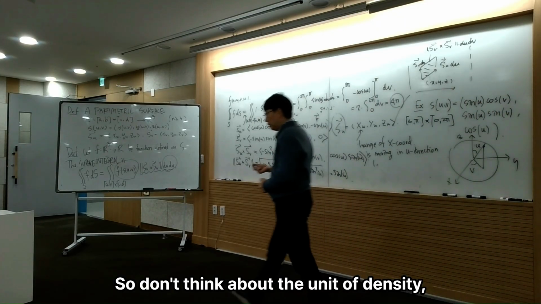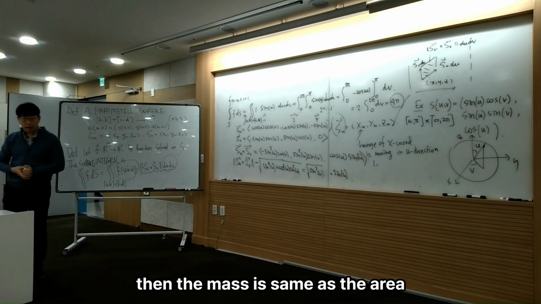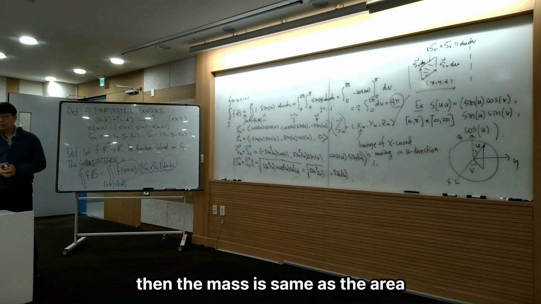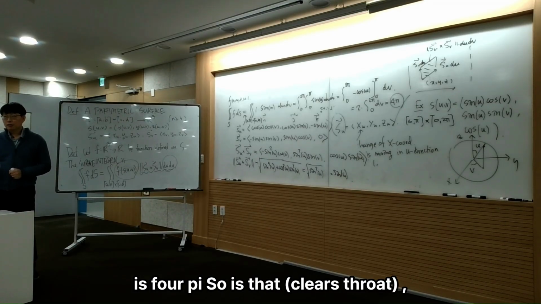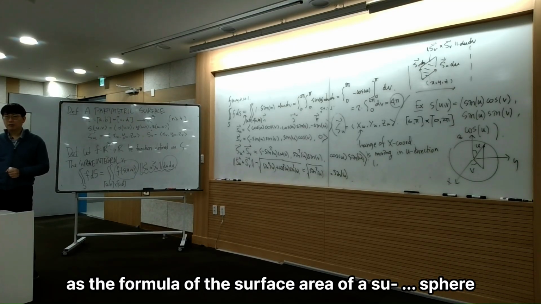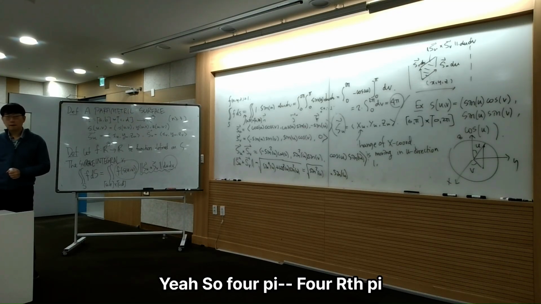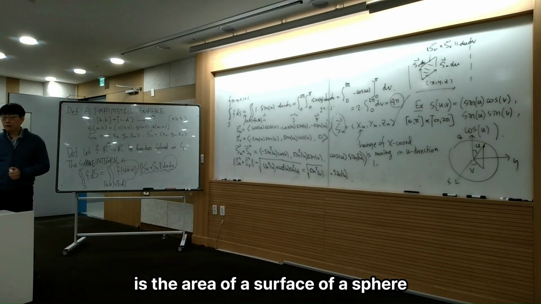If you don't think about the unit of density, then the mass is the same as the area. So the area of a sphere of radius 1 is 4 pi. Is that the same thing you remembered as the formula of the surface area of a sphere? Yeah, 4 pi r squared, where r is the radius of a sphere, is the area of the surface of a sphere.